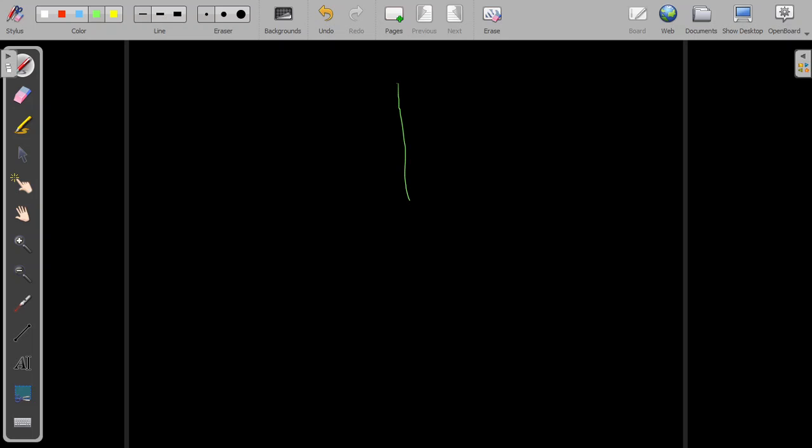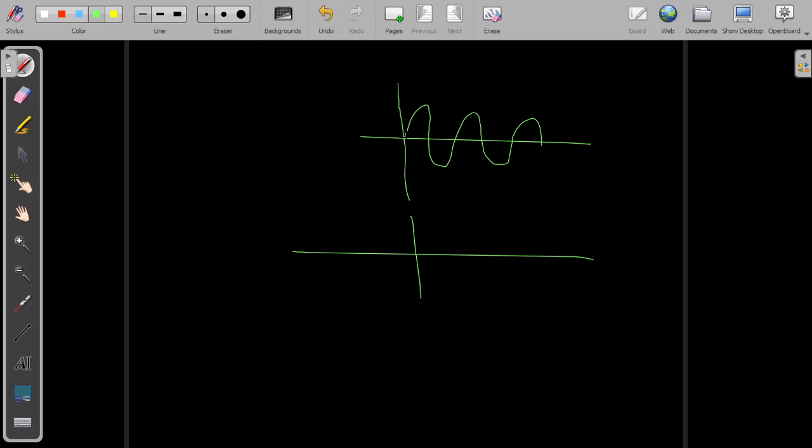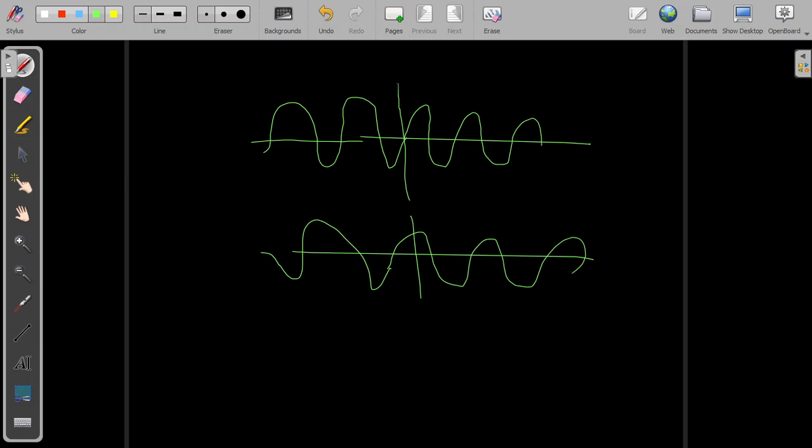This is our sin t, and this is cos t. My sin t and cos t are only defined between 0 and 1, like this.